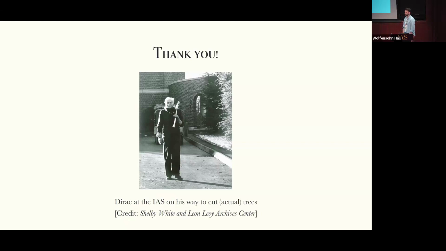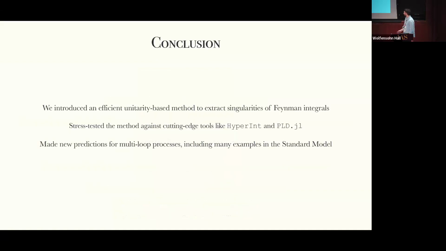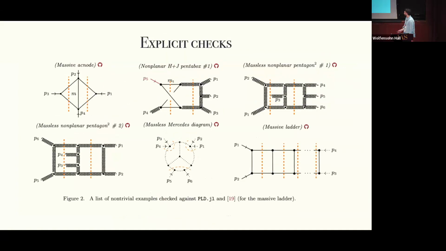Any other questions? What does your method give for pure glue vertex? Sorry? What does your method give for pure glue vertex? Pure glue QCD vertex? Yeah, like when you have only gauge field. You mean just gluon scattering? Yeah, maybe just the all massless case.